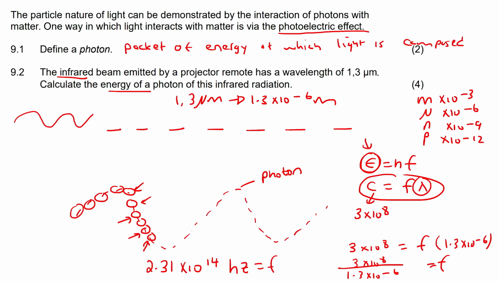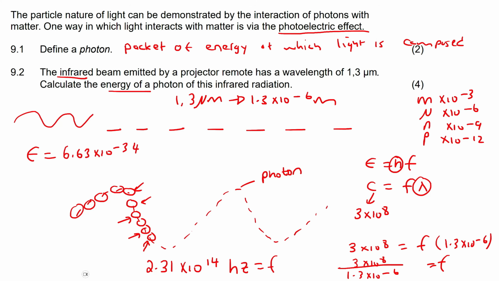Okay, now we can take that frequency that we just found and we can use it over here now. So we could say that the energy is equal to Planck's constant. Now Planck's constant is a number given to you on your formula sheet. And that Planck's constant is always going to be 6.63 times 10 to the negative 34.